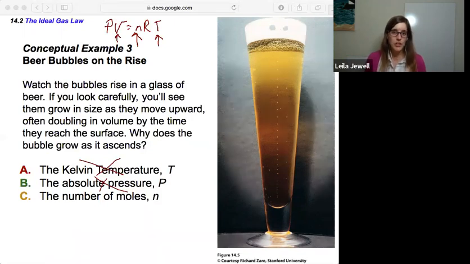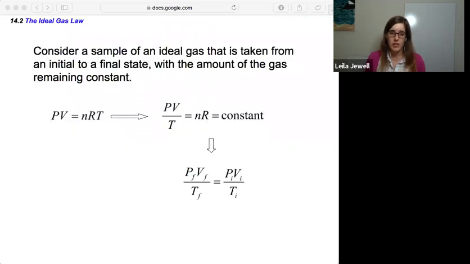We will also see a number of examples where N is constant, where it's held in a fixed container. That's a good contrast to draw here. If we consider a sample of ideal gas that's taken from an initial state to a final state with the amount of gas remaining constant, with no exchange with any other environment, then with PV equals nRT, we could solve for nR, and nR would be a constant.